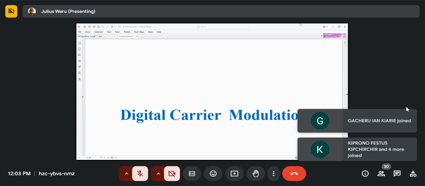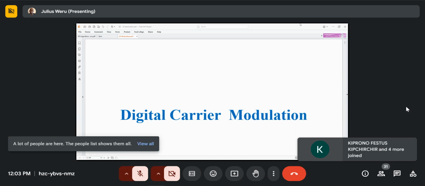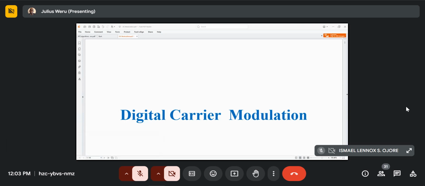So today we are going to look at passband modulation. Last time we looked at baseband modulation, but before we go to passband, somebody asked me to explain again particular aspects of FFT.